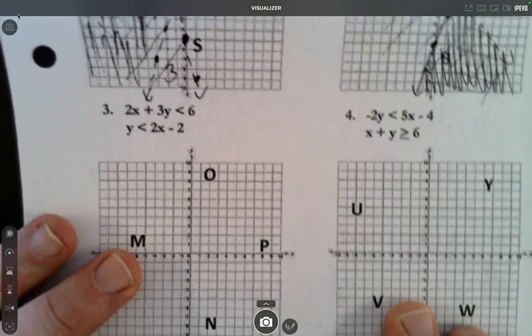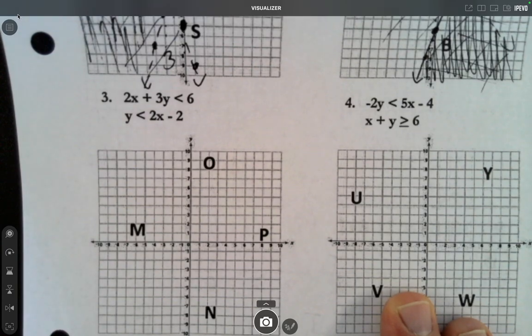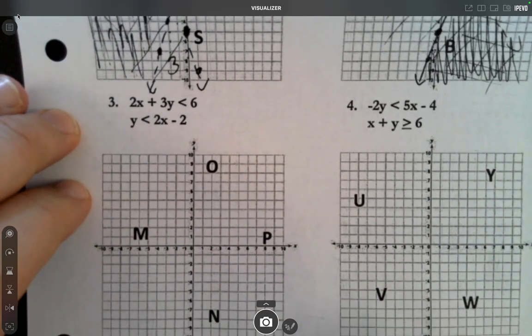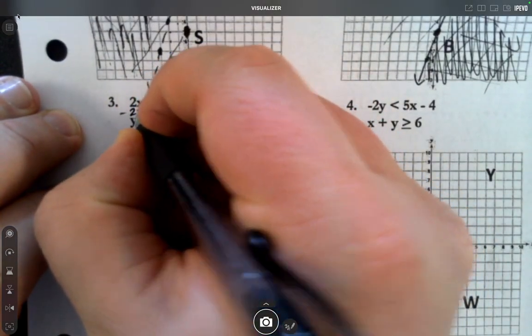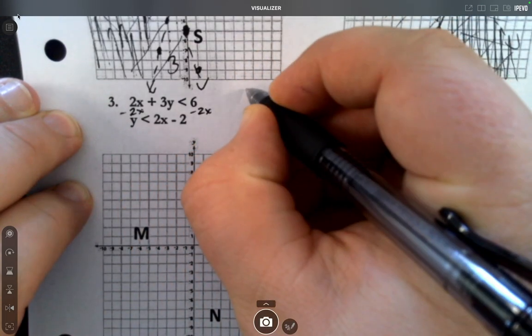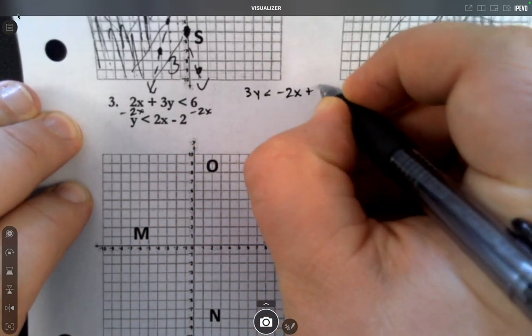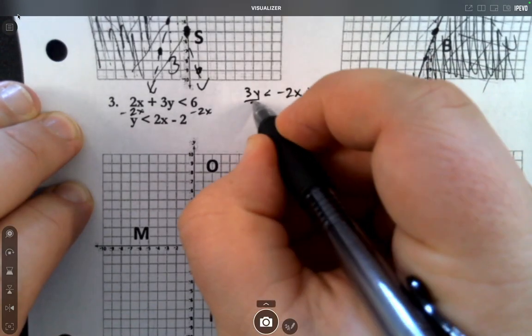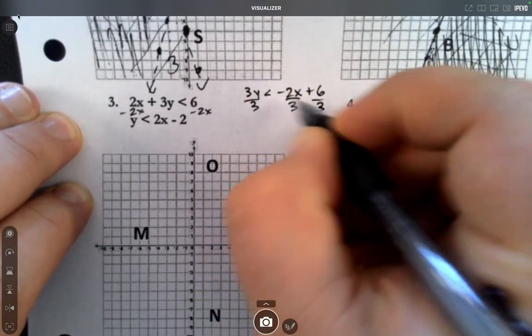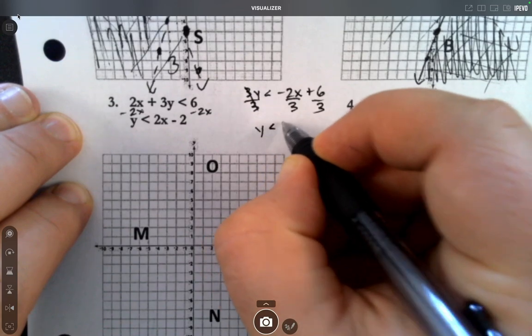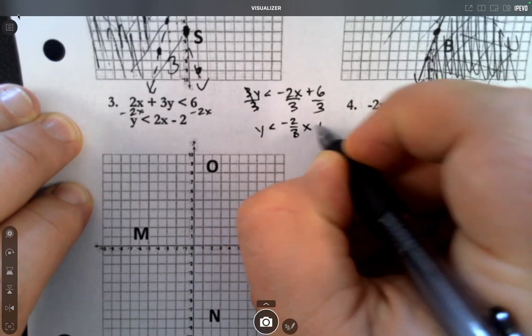Okay, number 3, we've got a little more work to start with because the first equation is not in slope-intercept form. So we'll subtract 2x from both sides, giving us 3y is less than -2x plus 6. Now we divide everything by 3. We get y is less than -2/3 x plus 2.